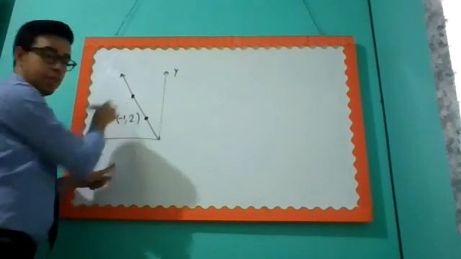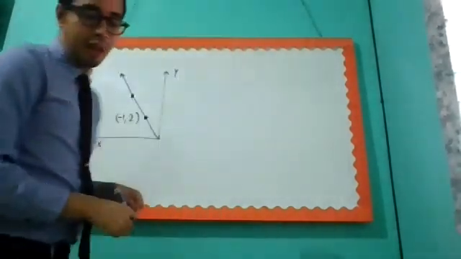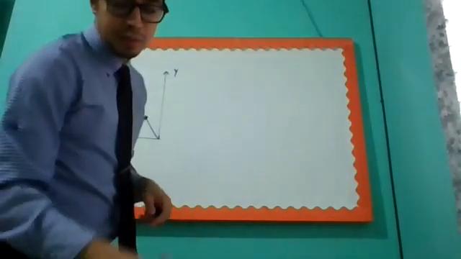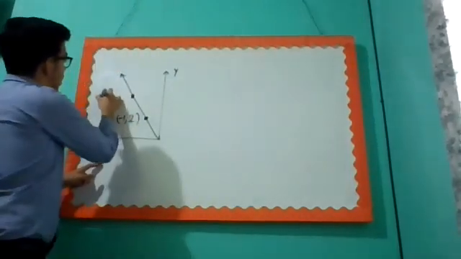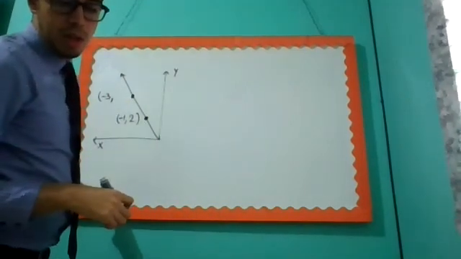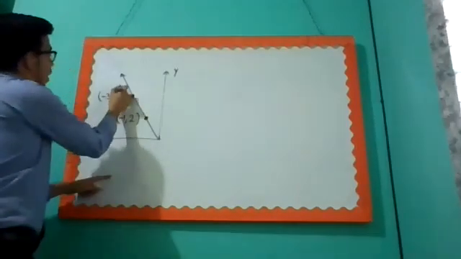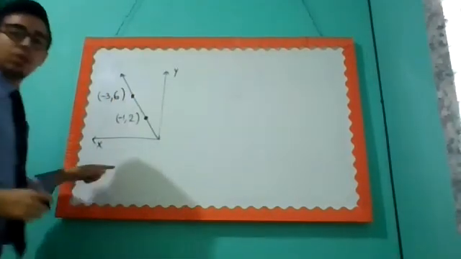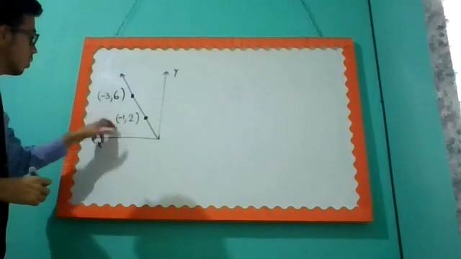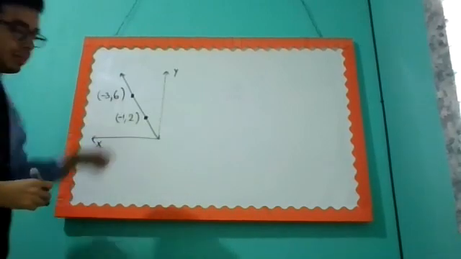And the other point is going to be negative 3 for x, and it's going to be positive 6 for y. So these are the 2 points that you are going to use to find the values. You subtract this minus this.